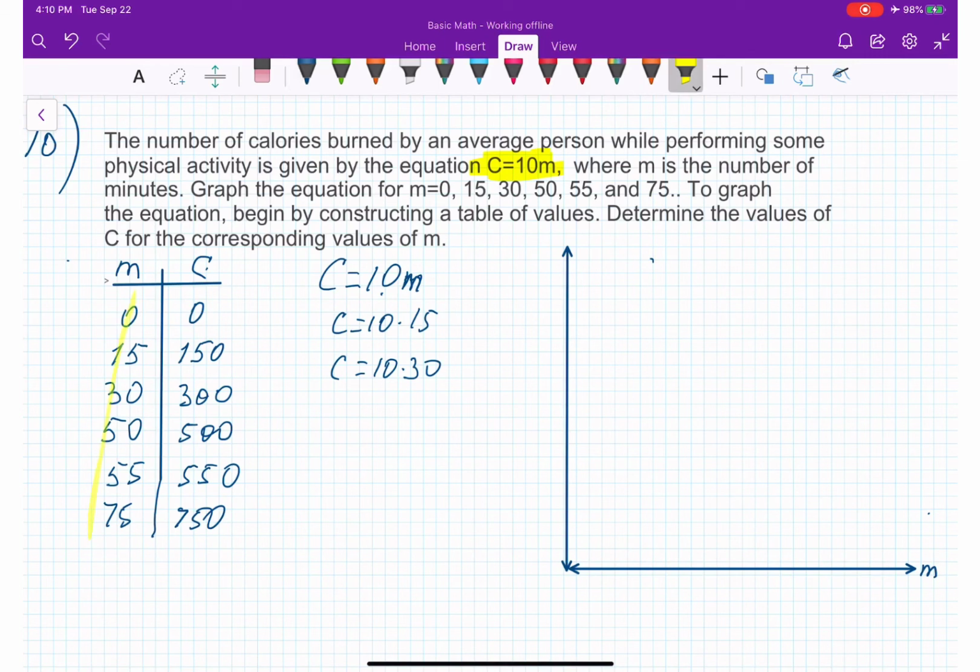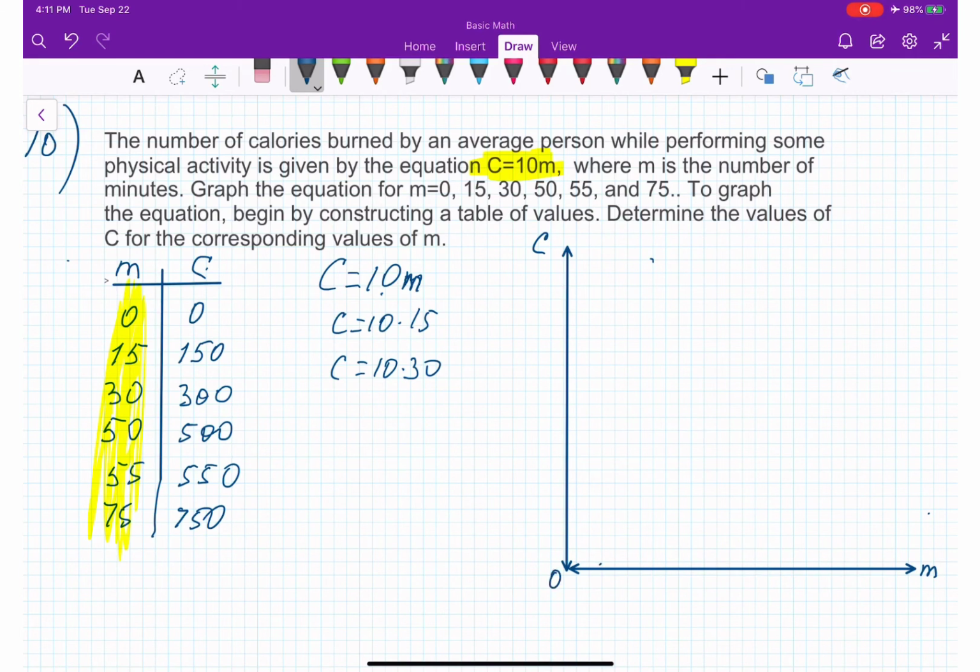Whatever was given is always going to be on the horizontal line. On the vertical line, we put the data that we calculate, which is C. All right? So we need to build from 0 to 75.